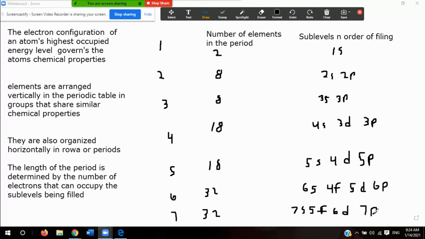So basically that's the table, and that table is pretty much giving an idea of how elements are organized. Now, it's worth noting that the period of an element can be determined from the element's electron configuration. So let me go ahead and erase this. If you have any questions, you can always pause the video and look at what I just wrote, or you can refer to this table, which is figure 2.1 of your textbooks.